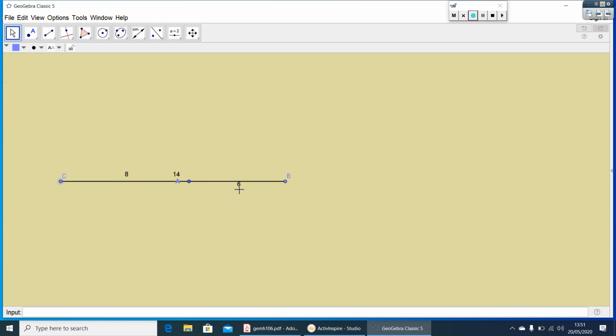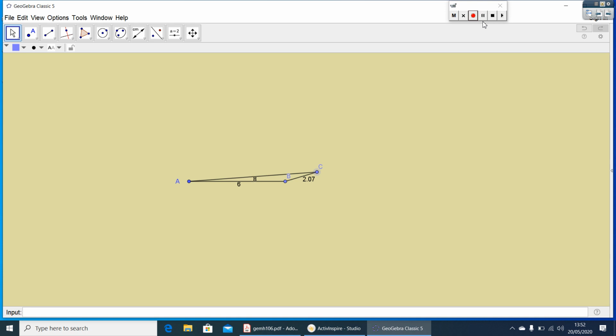That is 8 plus 6, 14. It should be less than the sum of the other two sides. So you can say the third side will be between 14 and 2, or otherwise you can say it is less than 14 and greater than 2. Then only you will get a triangle.